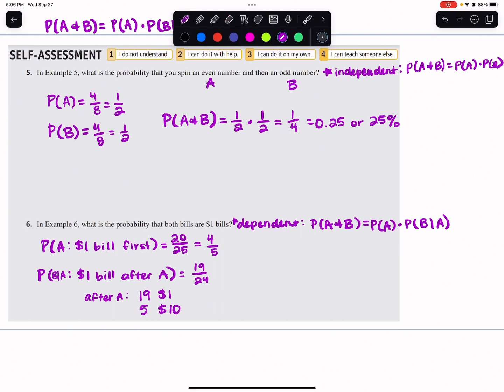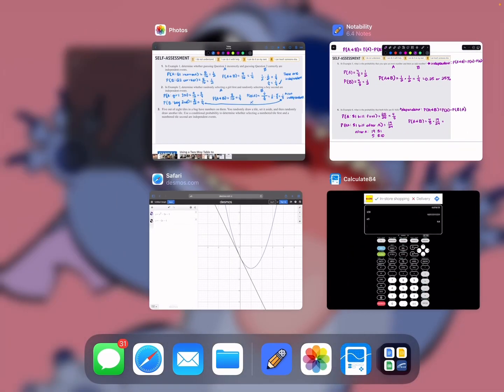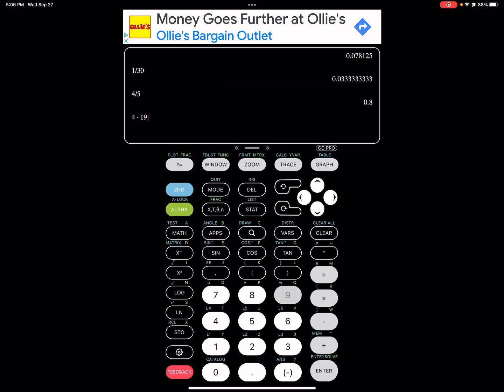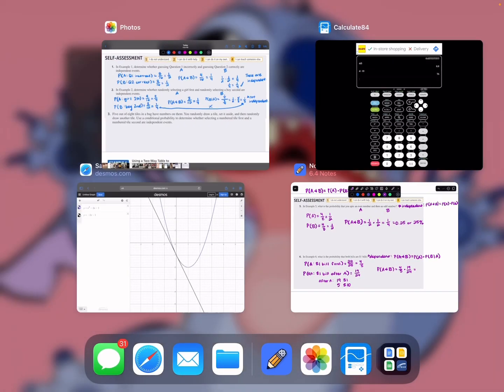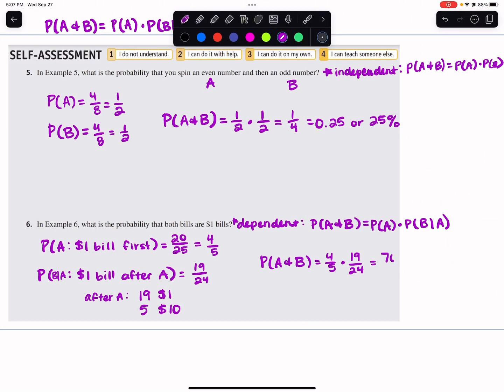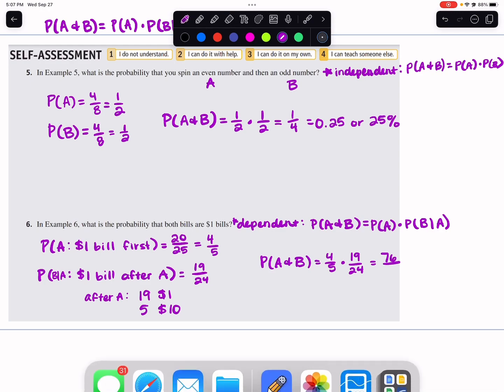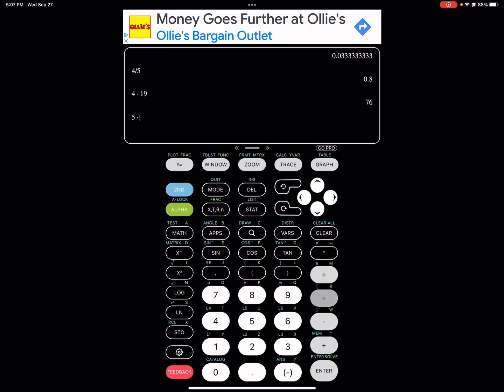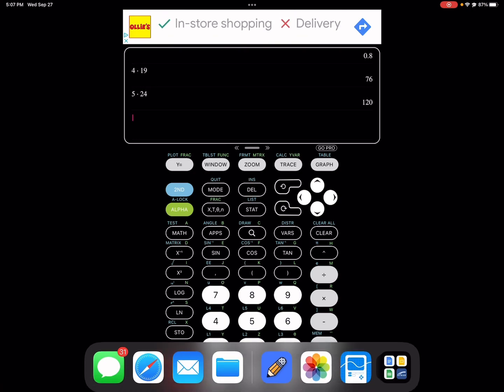All right, using the formula, the probability of them both happening is the probability of A, 4 over 5, times the probability of B given A, 19 over 24. So 4 times 19 is 76 over 5 times 24 is 120.